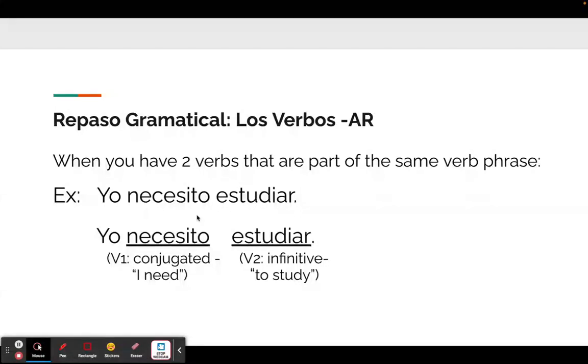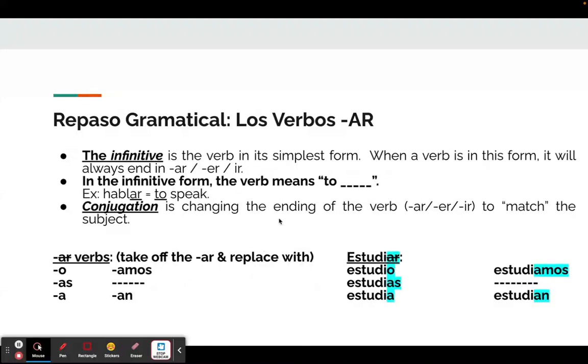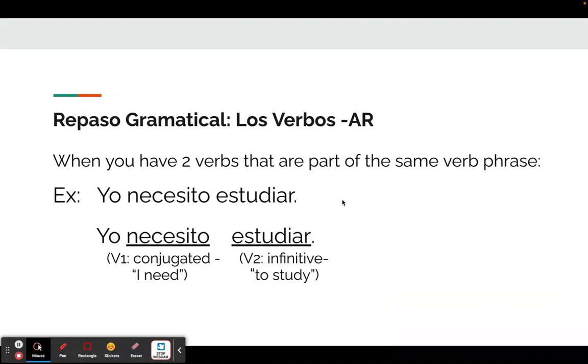So when you have two verbs right next to each other, where this would be verb number one, necesito, and verb number two, estudiar, you're going to conjugate the first verb because you want it to mean I need. I need. See? But the second verb, we're going to leave that in the infinitive because remember, the infinitive means to something. So in this phrase, we're saying, I need to study.